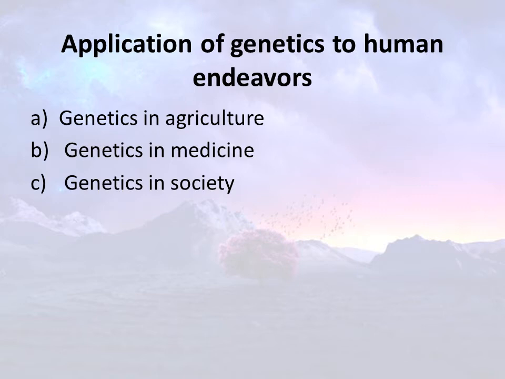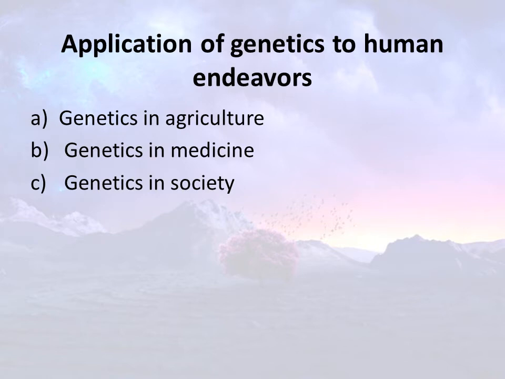Plants and animals that have been altered by the introduction of foreign genes are called genetically modified organisms. Nowadays, we are using various crops that were genetically modified. Cotton was modified, corn was modified, brinjals, tomatoes. These are all examples of genetically modified plants.